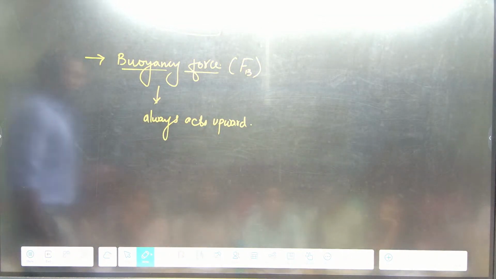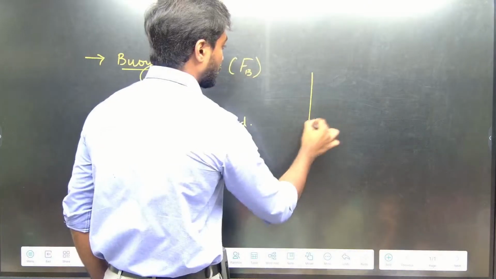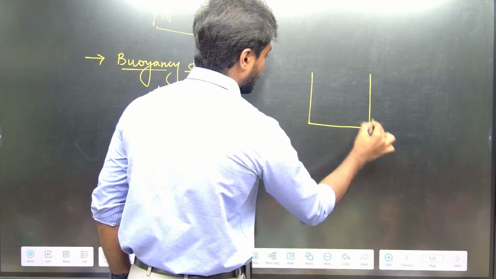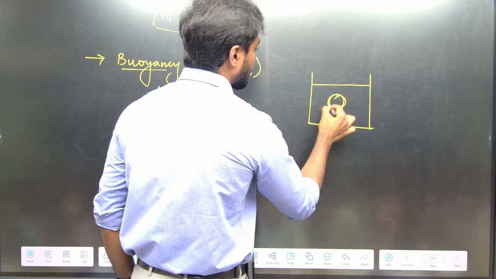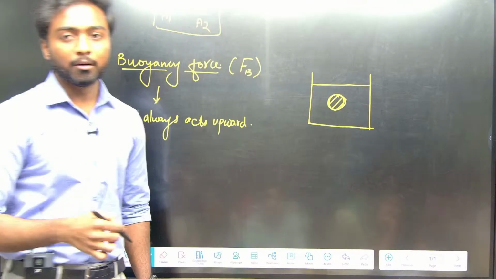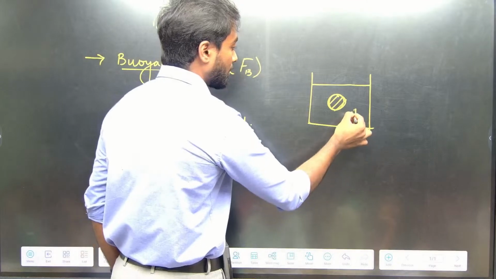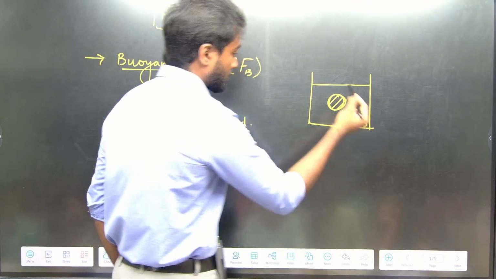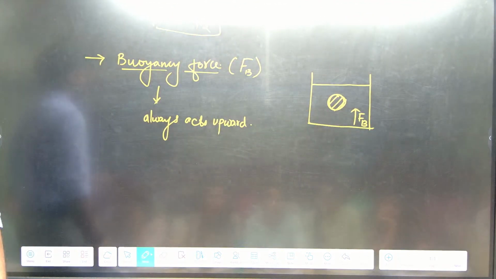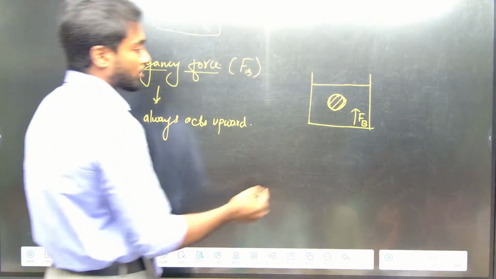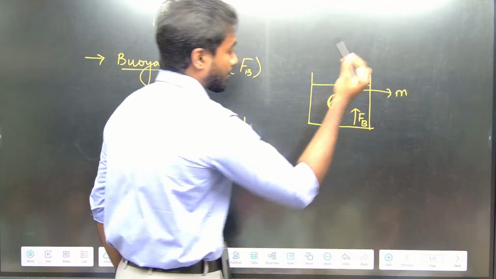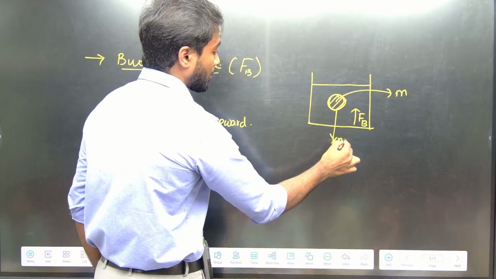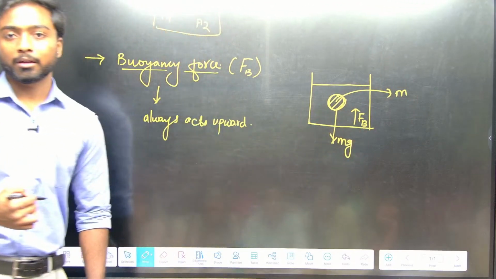If we talk about any object placed in the liquid, the buoyancy force will be in the upward direction. And let me take this object having mass m, then its weight will be mg.